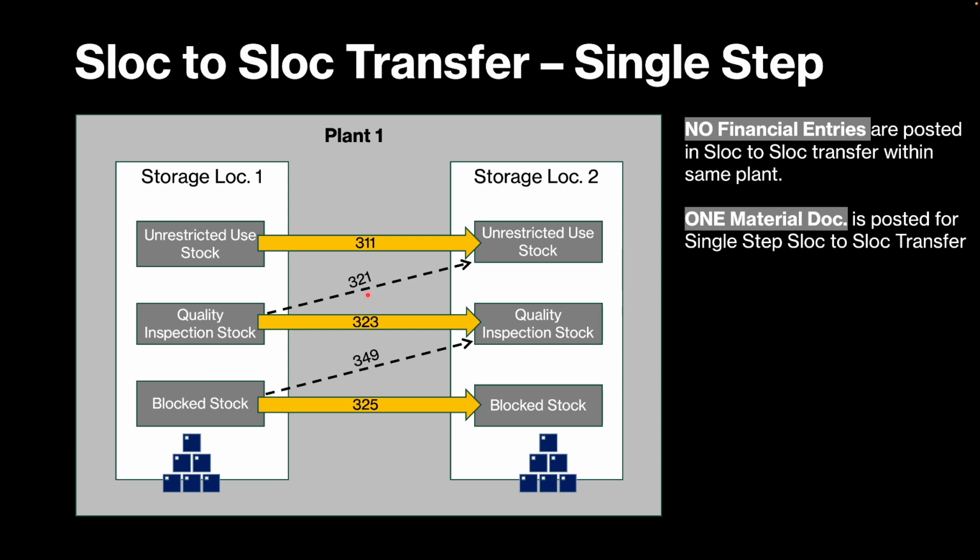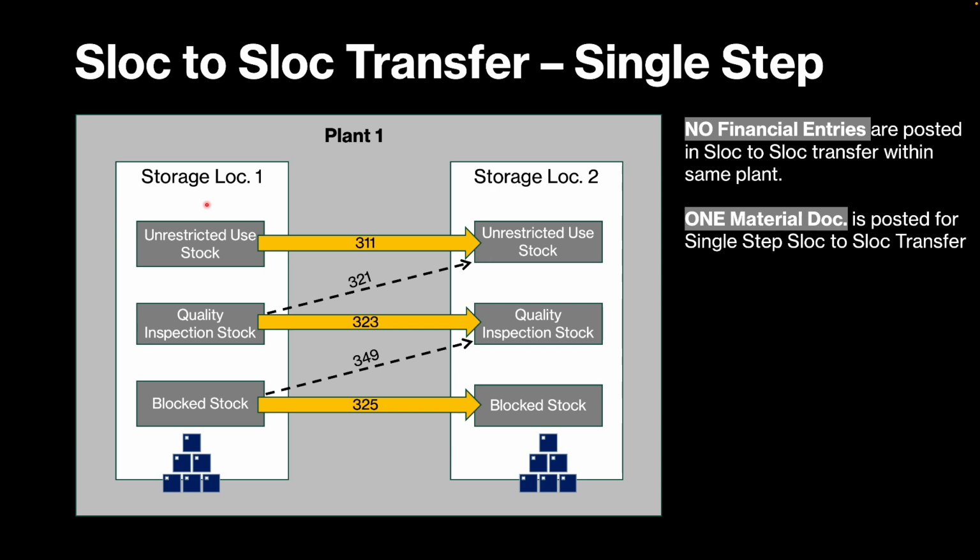For example, let's say that you have kept the quality inspection stock under one warehouse. In that warehouse, you only keep material which is under quality inspection. And once the quality inspection is done and the material is found acceptable, you change the stock type to unrestricted use, and you physically also move the material from your quality inspection warehouse to your unrestricted use warehouse. So here you will have two storage locations.